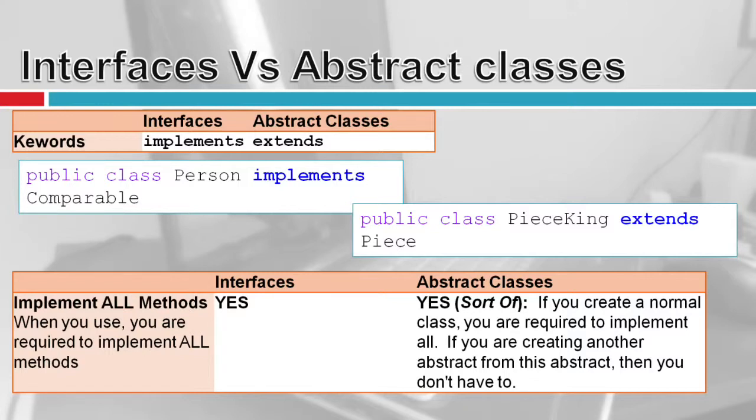If I have a couple abstract functions, I have to implement those abstract functions. The only caveat is, if you're creating another abstract class, then you don't have to. But not many times would you want to create an abstract class from an abstract class. Most of the time you would want to create a new class that you will be able to create objects for.